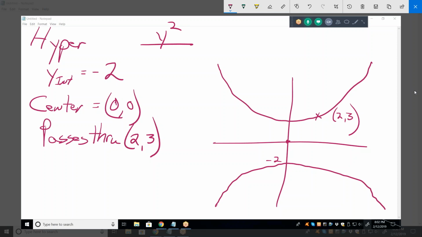A squared. A is always the distance from the center to that first major vertex, so a squared has to go under the y squared. Minus x squared over b squared equals 1.